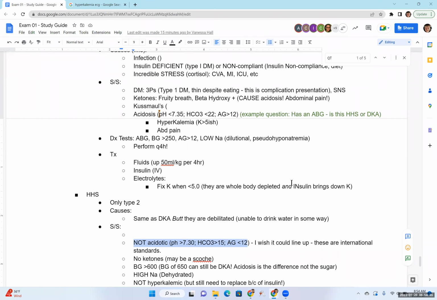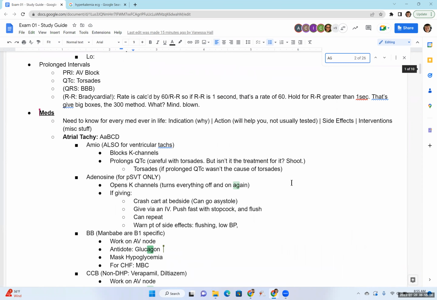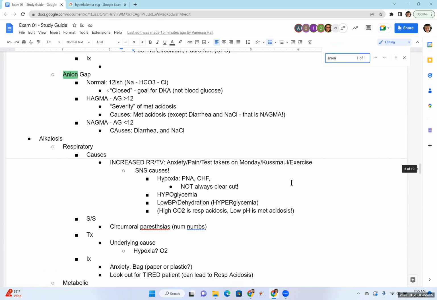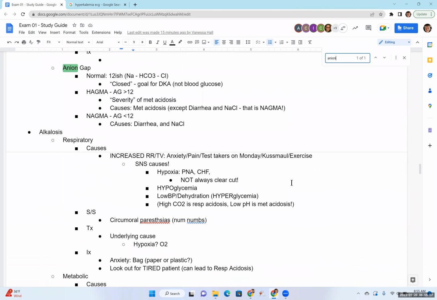So anion gap, again, what is anion gap for? It's for how acidotic you are. There are two exceptions. Eight times out of ten, you're measuring how acidotic they are, and those are acids, the kill-you acids, such as ketones, alcohol, and lactate, and potassium and hydrogen for renal failure.